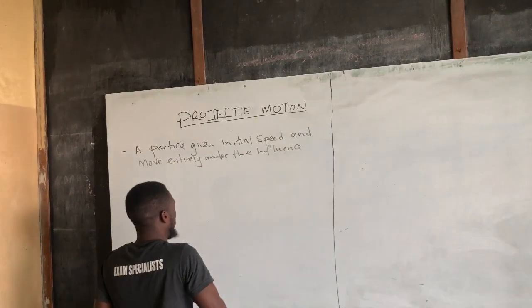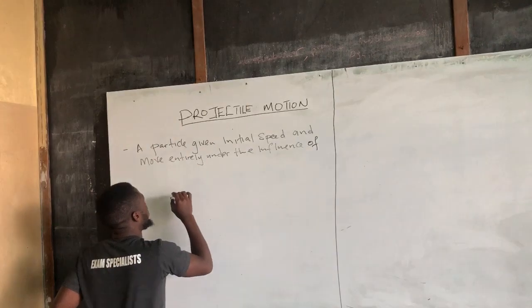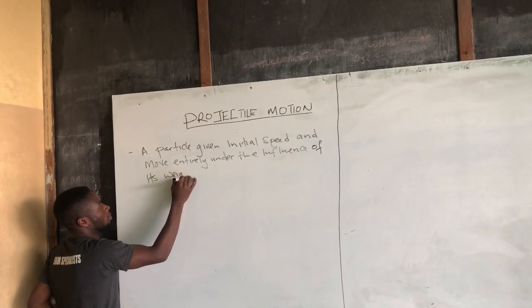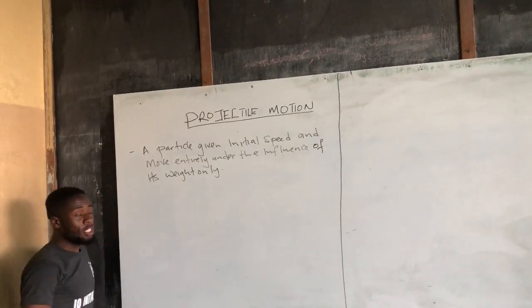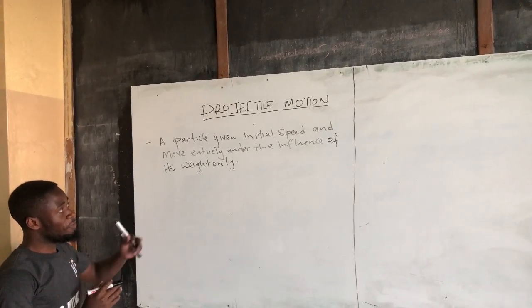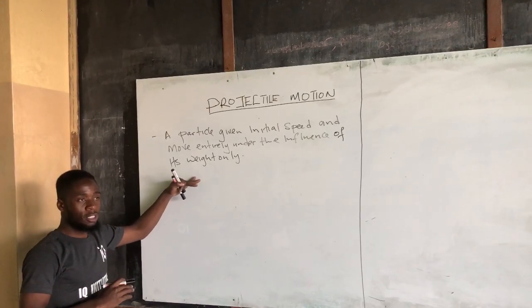Of its weight only. So this is what we call a projectile. A projectile is just a particle given initial speed and moves entirely under the influence of its weight only.